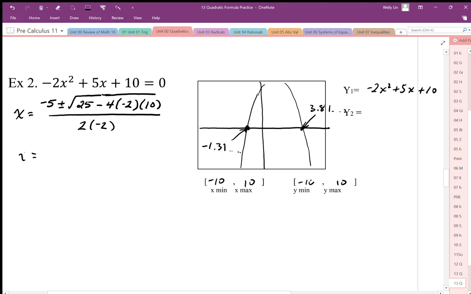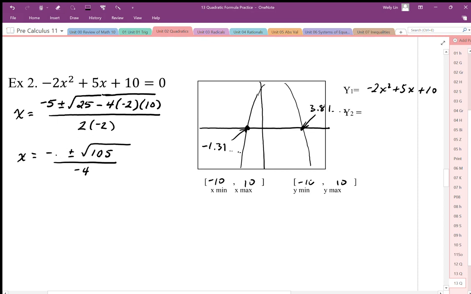So we end up with -5 plus minus, working this all out, is 25 plus 80, so plus minus square root of 105 all over -4. Okay, now we can work with that -4.